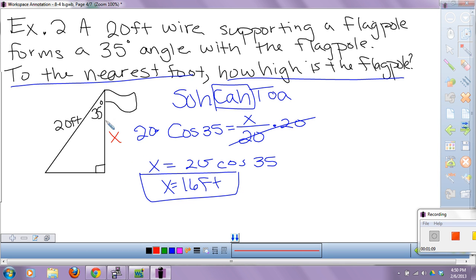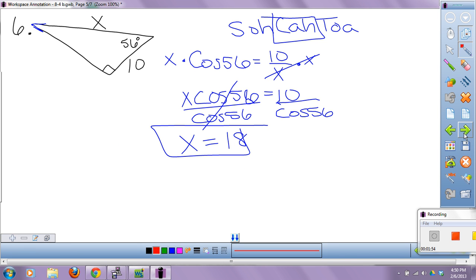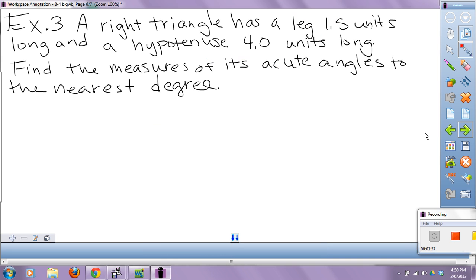So we used cosine because the height of the pole that we were trying to find is adjacent to your angle, and the length of the wire, which is the part of the triangle you know, is your hypotenuse. Since you have the adjacent leg and the hypotenuse, that would be cosine, adjacent over hypotenuse. So remember that it's sine, cosine, or tangent of the angle, in this case 35, equals adjacent divided by hypotenuse. To solve for x, multiply both sides by 20. And we looked at one other example like that.